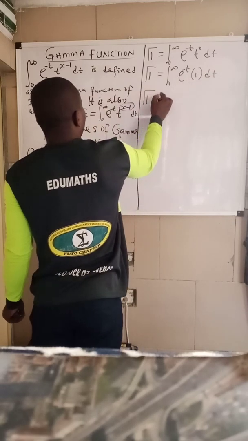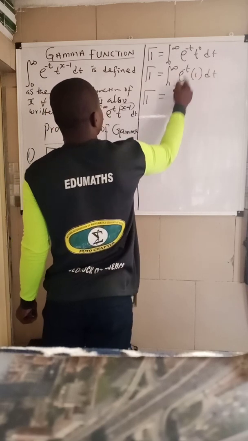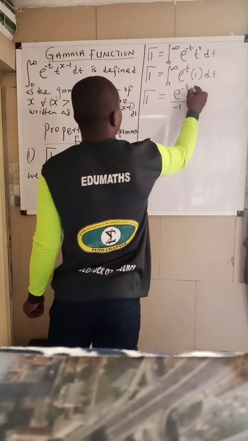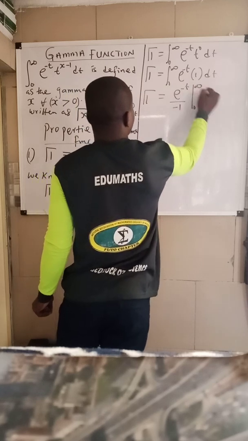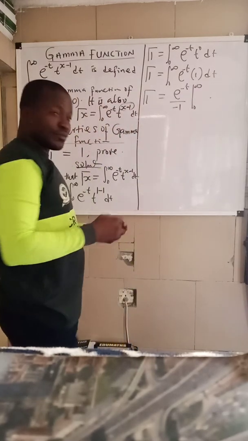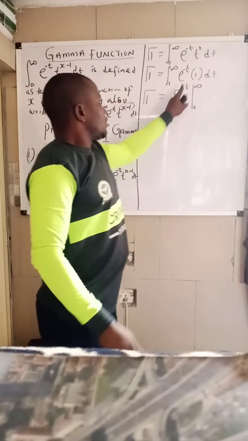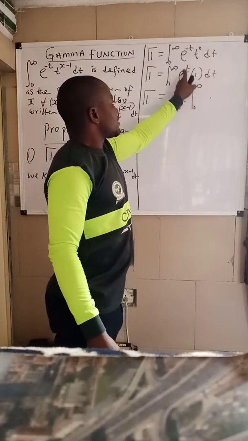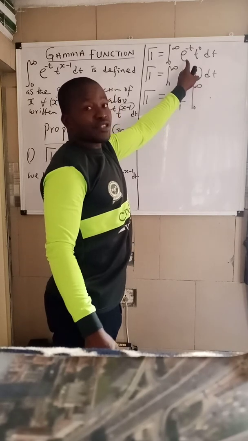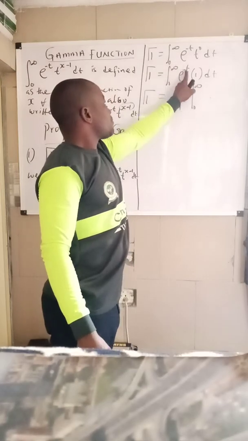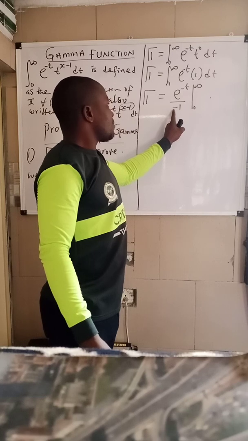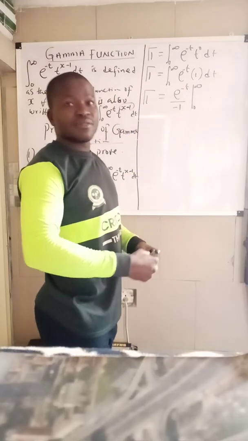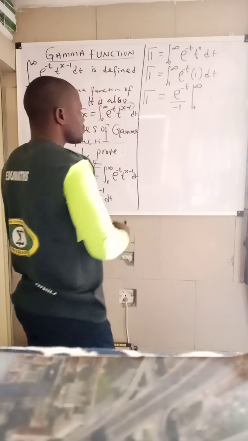So hence, integrating this, we have e to the minus t over minus 1, running from 0 to infinity. Now, to integrate the exponential, you differentiate the power, and the power is minus t. Differentiating, you have minus 1, and you divide by the exponential function. That is how to integrate an exponential.